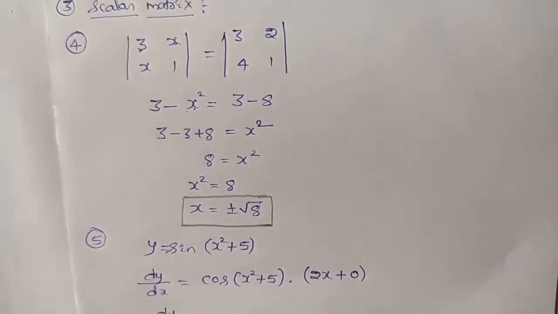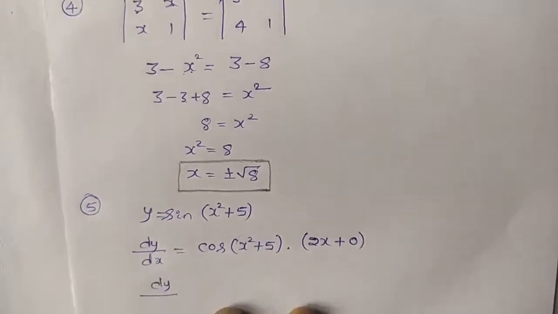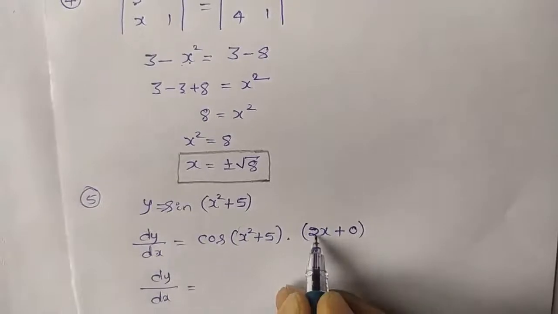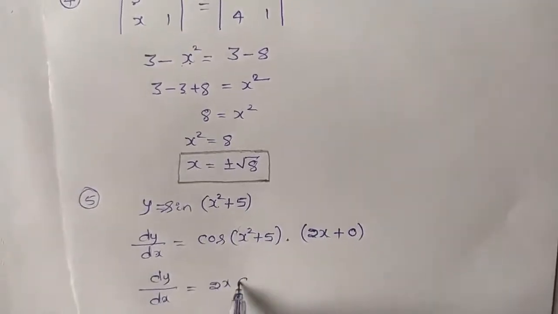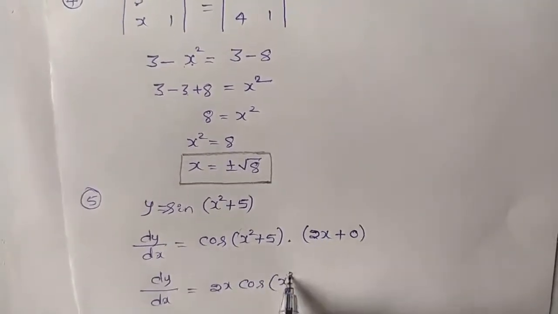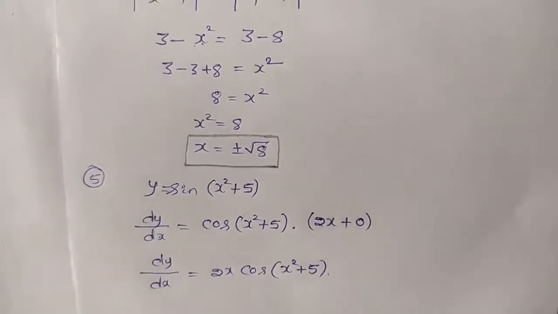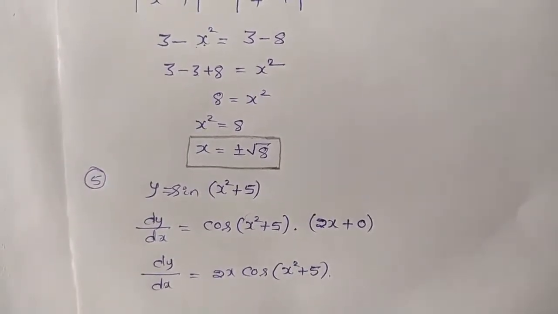Therefore dy by dx equals 2x into cos of x square plus 5. Hence it is the answer for the fifth question.